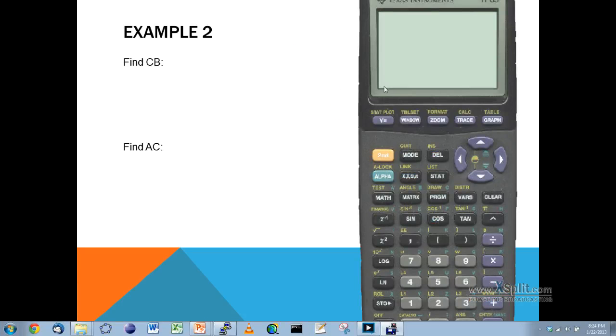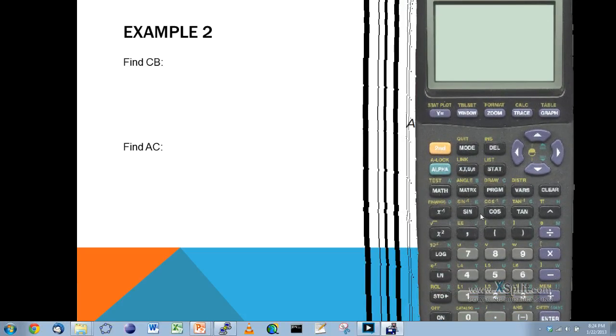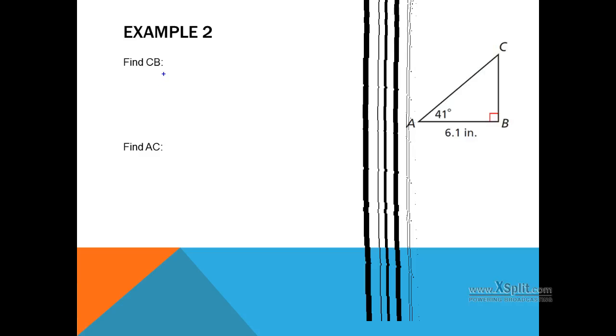Using our calculator now, if we type in tangent of 41 degrees, we're going to get 0.869. Let's remember that, 0.869.